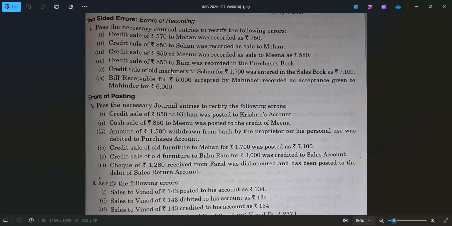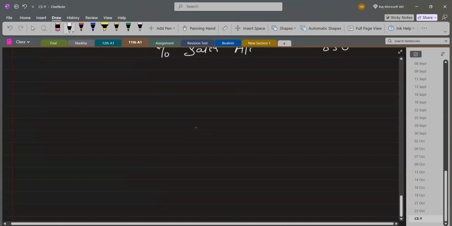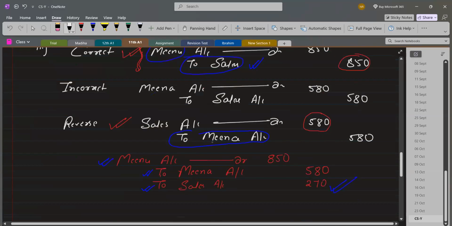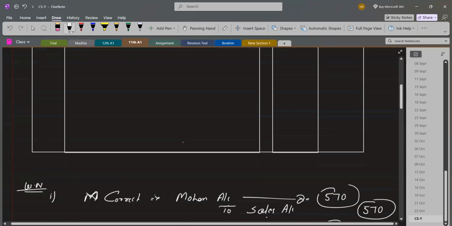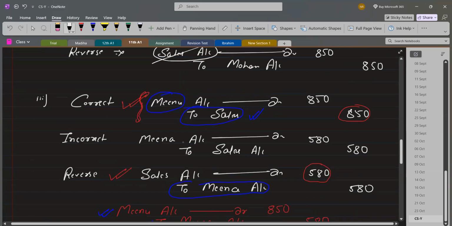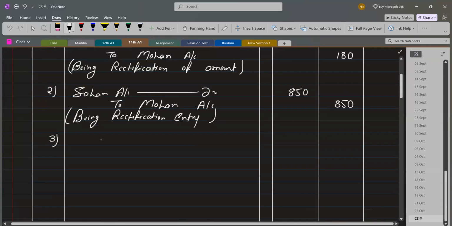The next one is credit sale of old machinery to Sohan for 1700, which was entered in the sales book. So we have sold, that's 7,100. Actually, third and fourth we have to write here.